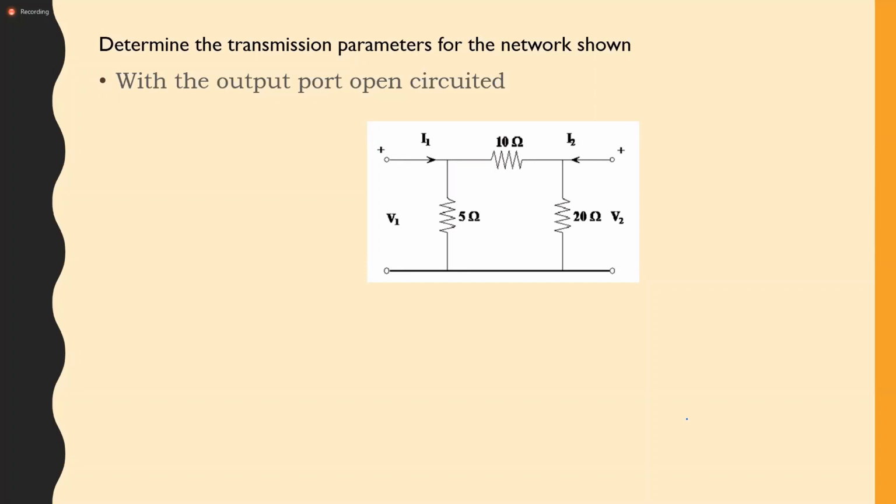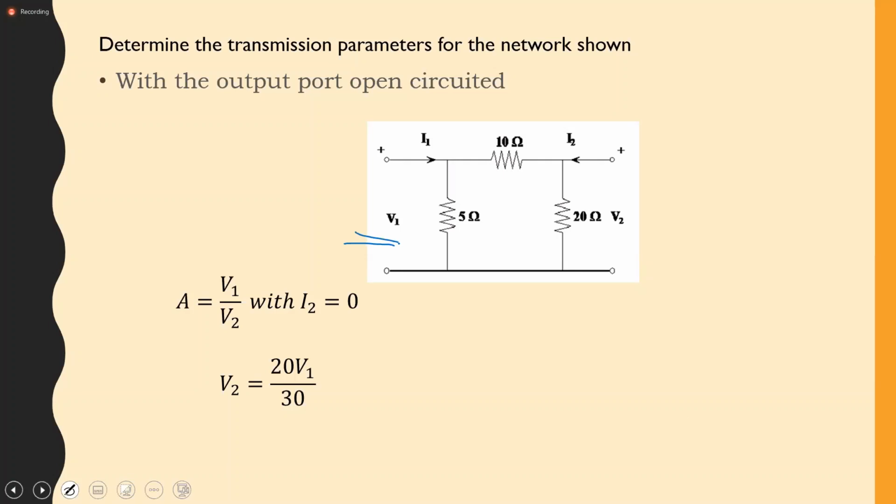So the voltage across the 20 ohm is 20 V1 over 30, looking at it from this end. And we know that the voltage across the 20 is also equal to V2. So V2 is 20 V1 over 30.